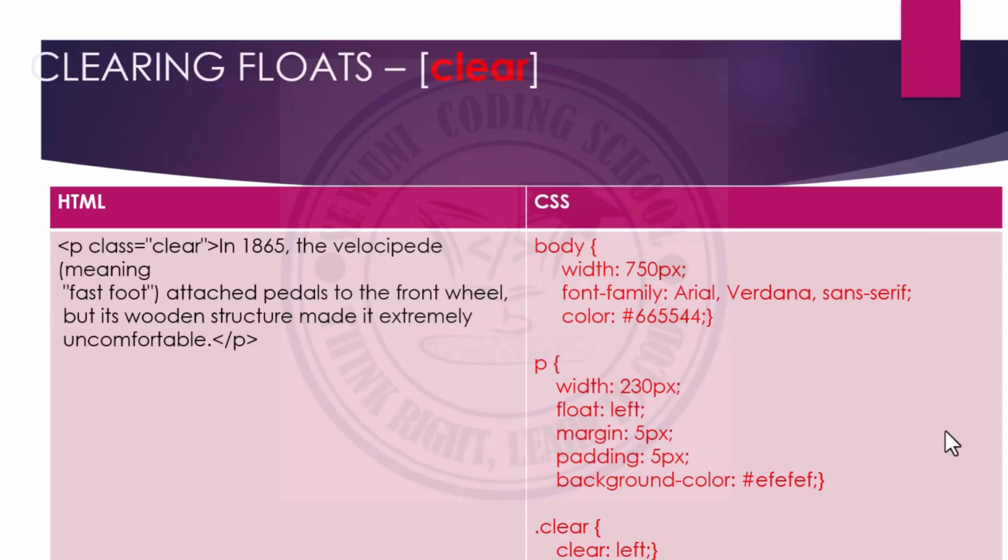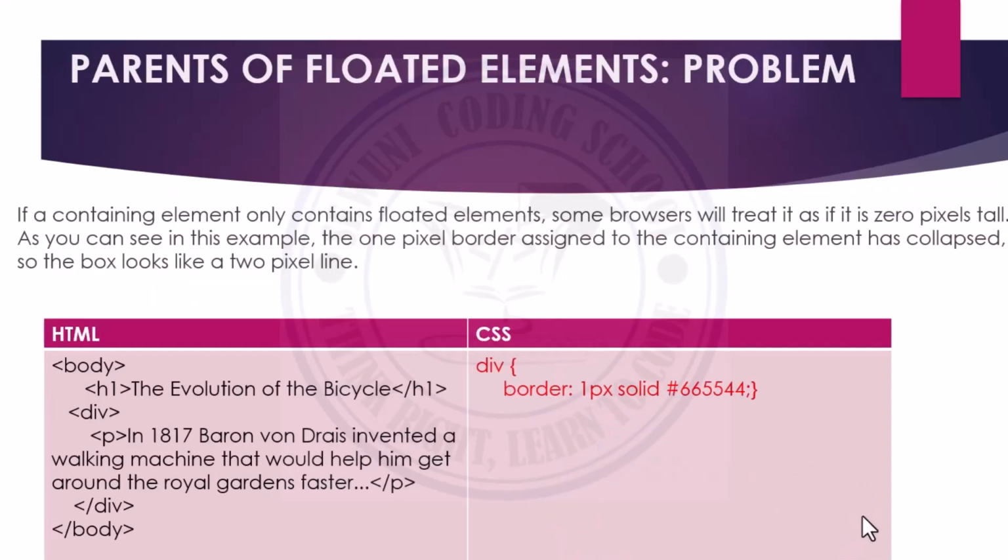Now this is an example. This is the one that has a class of clear, and look at the code. It says clear left. So clear simply means it is going to move it completely so that none of the sides is going to touch it. Parent of floated elements.